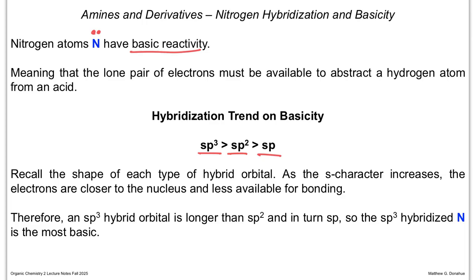That relates to the percent s character, so this was 25%, 33%, 50%. Another way to think of it, there's so much of the p orbital that the hybrid orbital is larger, and the lone pair extends out further from the nucleus.